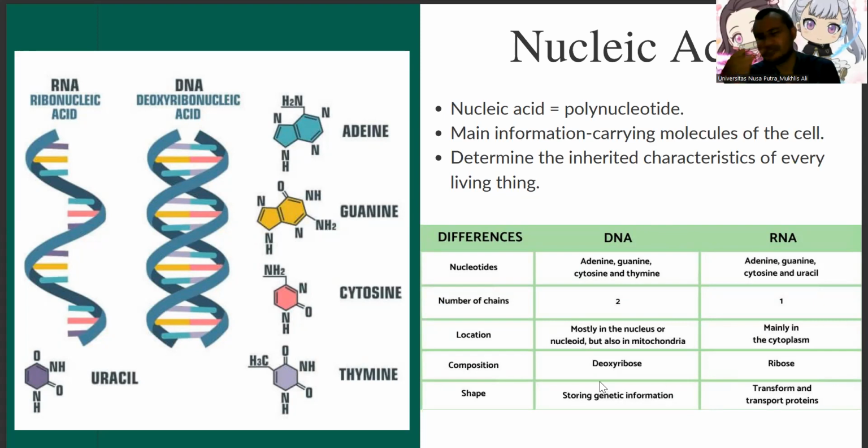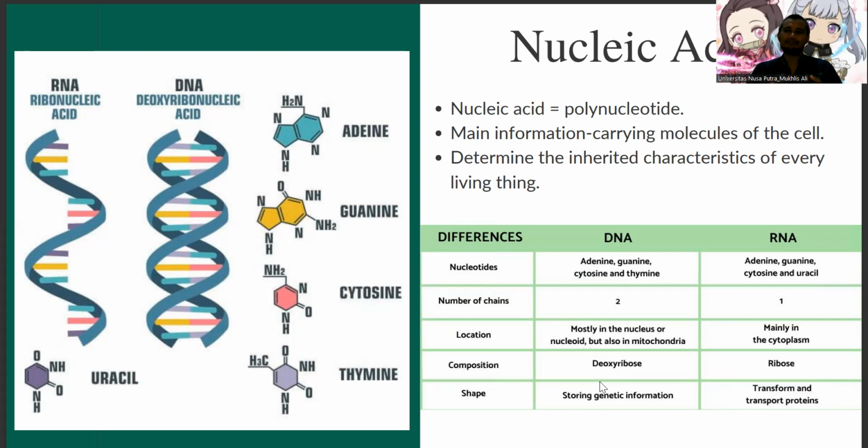DNA mostly we can find in the nucleus or nucleoid, but also in mitochondria. But RNA mainly we find in the cytoplasm. If we talk about function, DNA stores genetic information, while RNA transforms and transports proteins. So if DNA determines the characteristics of the cell, RNA only has the function to transform or transport protein. So it's different.